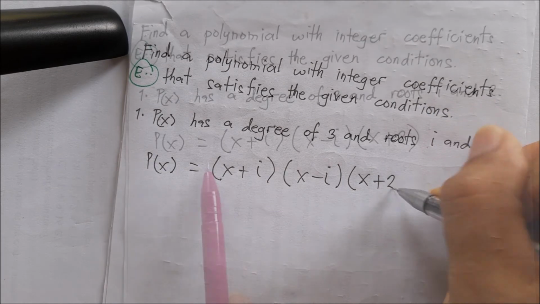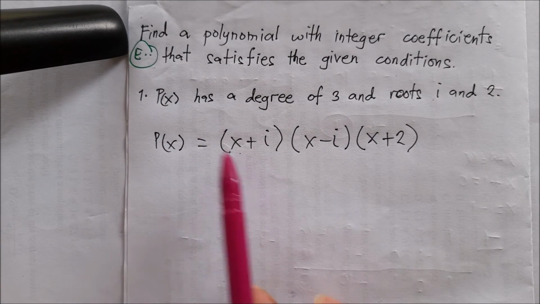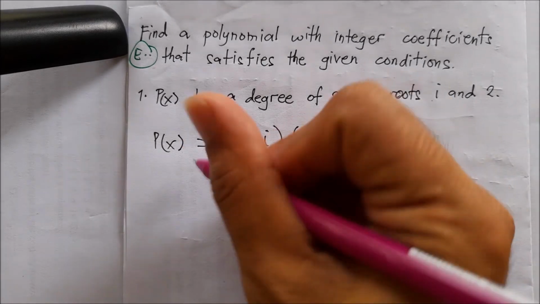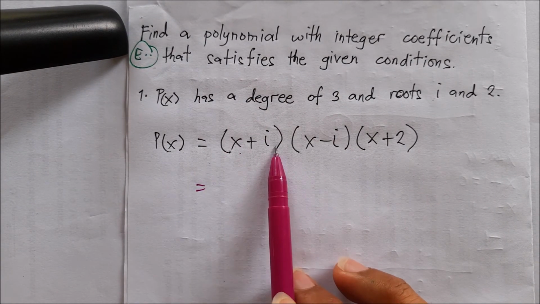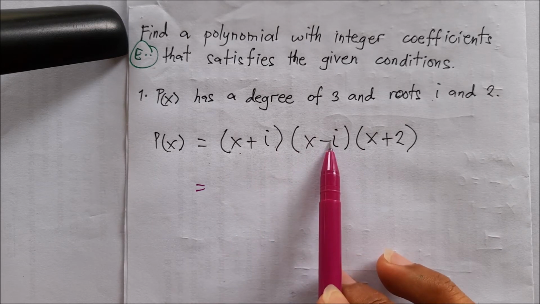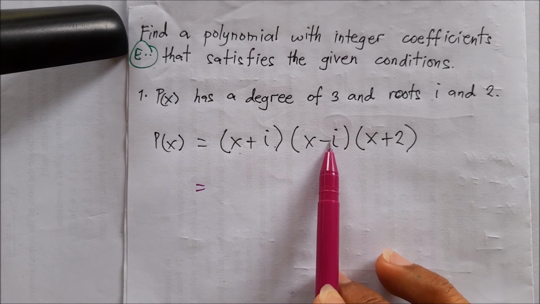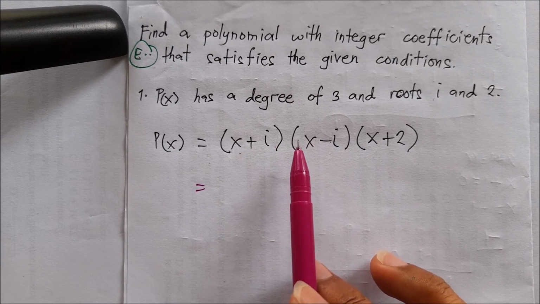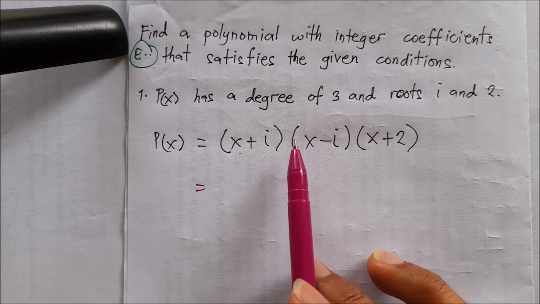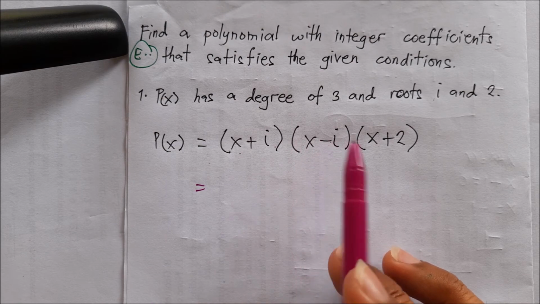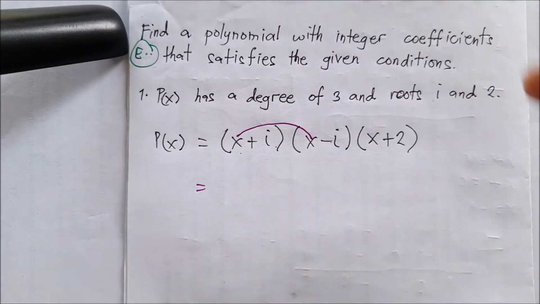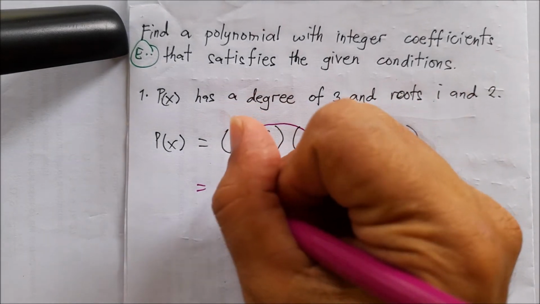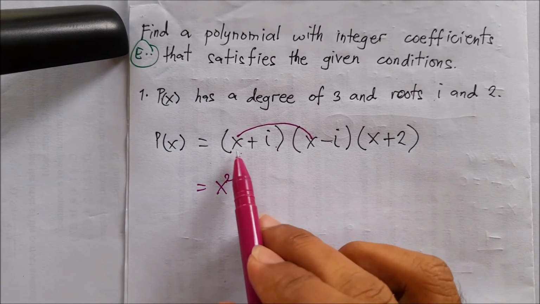Continue multiplying the first two terms by using the FOIL method: first, outer, inner, and last. First, x times x equals x squared.